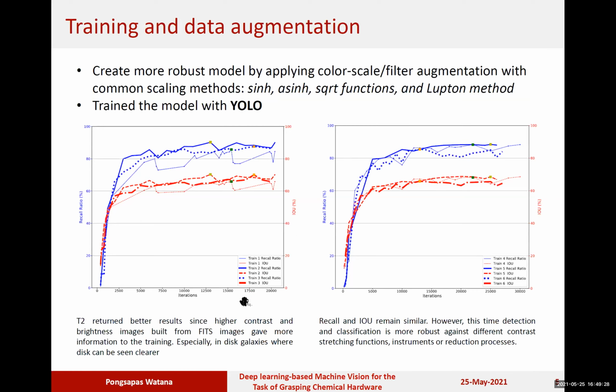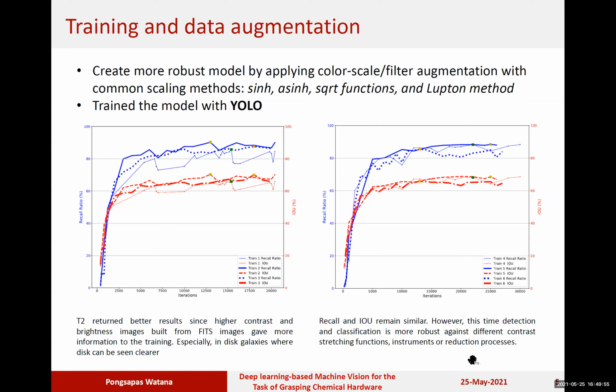They claim that the training set T2 returns better results than the others because of higher contrast and good brightness, so that it emphasized the disk galaxy to be detected better.